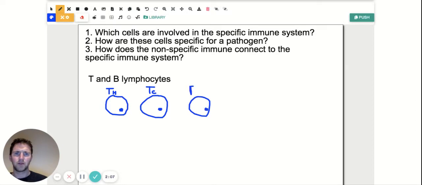Again, I've just drawn a nucleus and no other organelles. So these are the three types of cells we're going to deal with in more detail in videos to come.